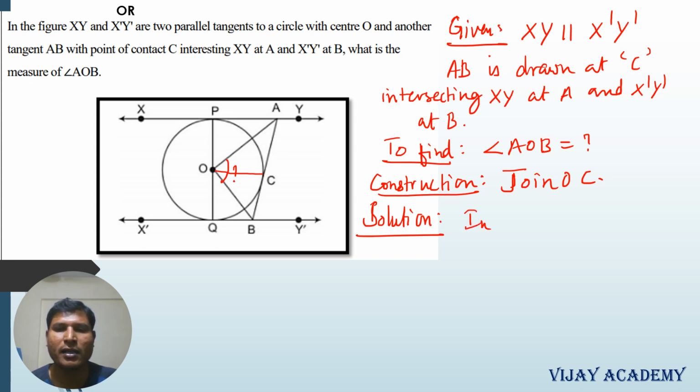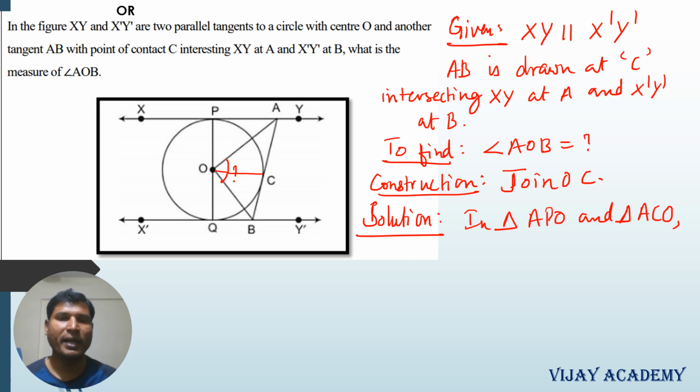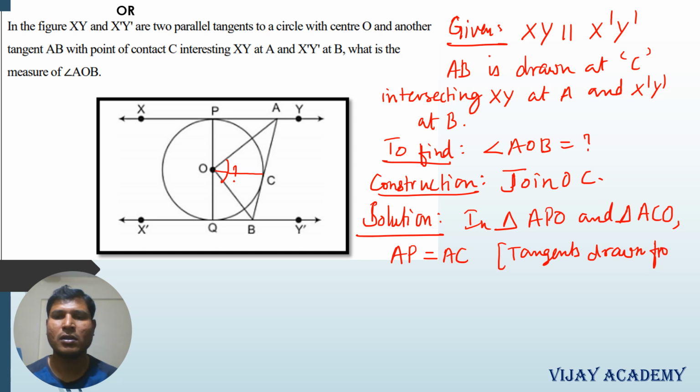So in triangle APO and triangle ACO, from these two triangles we know that AP and AC are equal. They are the tangents drawn from an external point to a circle. So AP equals AC. The reason: tangents drawn from an external point are equal.